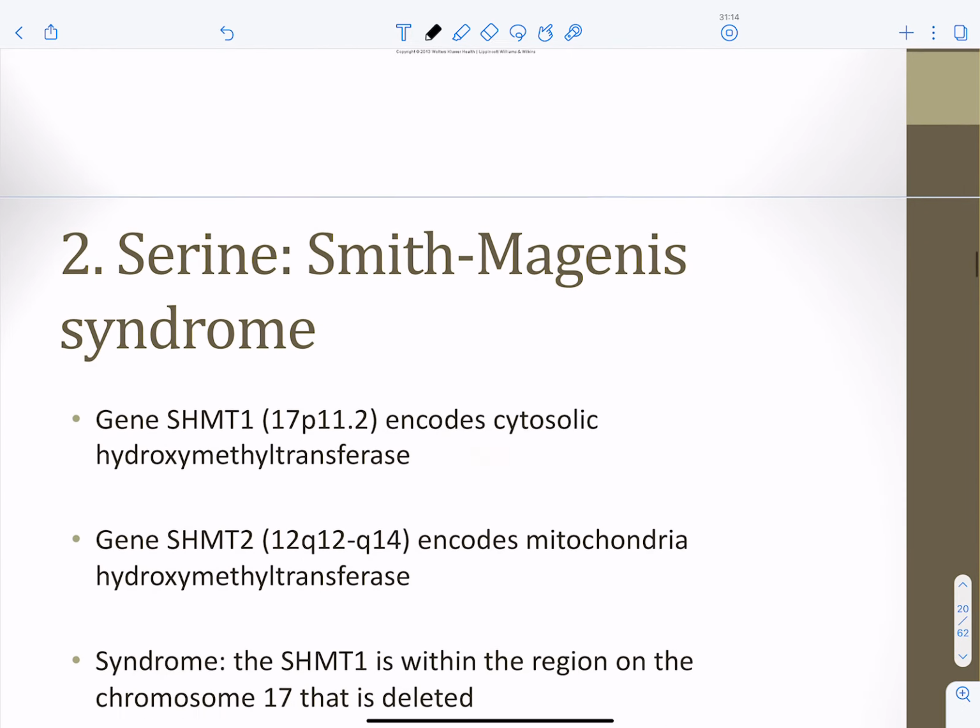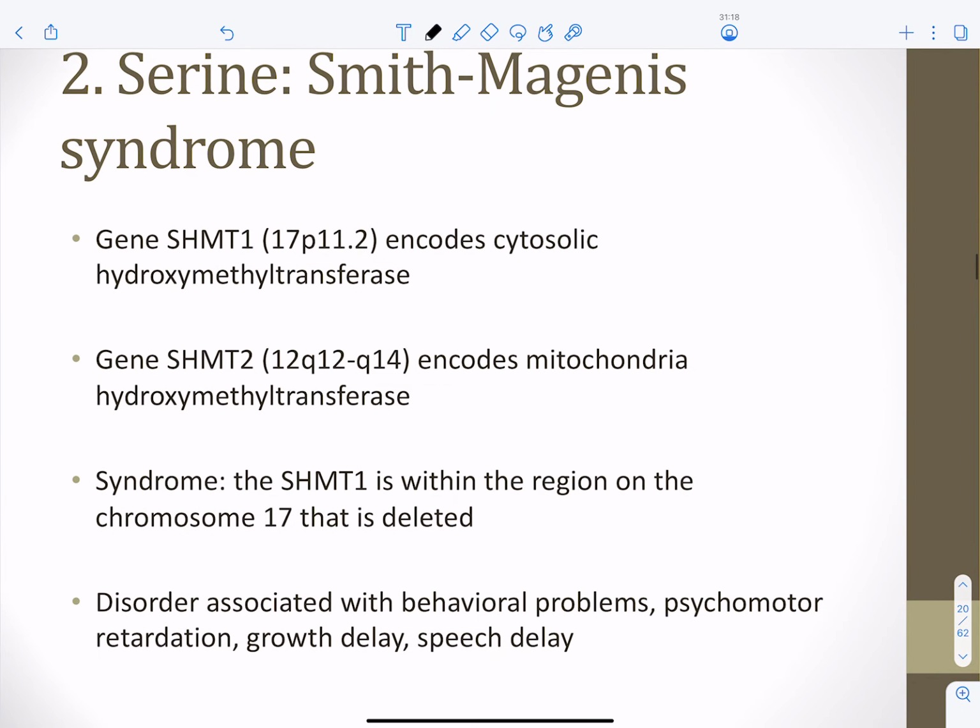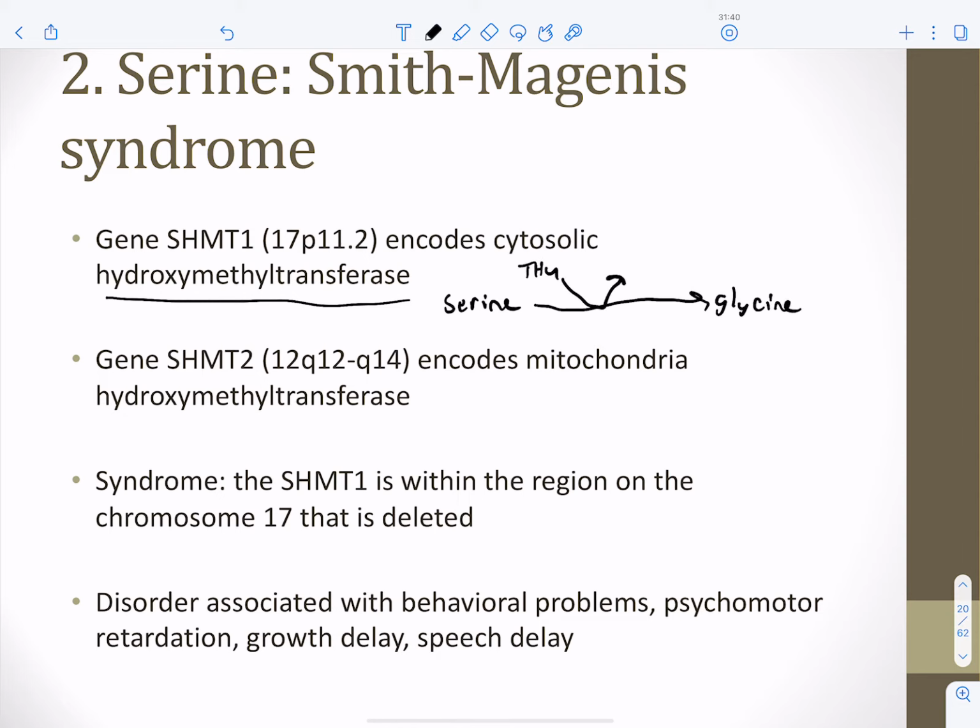Okay, so there is a syndrome associated with serine. It has to do with the hydroxymethyltransferase. There are two versions of the hydroxymethyltransferase. The hydroxymethyltransferase is from serine to glycine, and this needs a tetrahydrofolate, which becomes an N5,N10-methylene tetrahydrofolate.